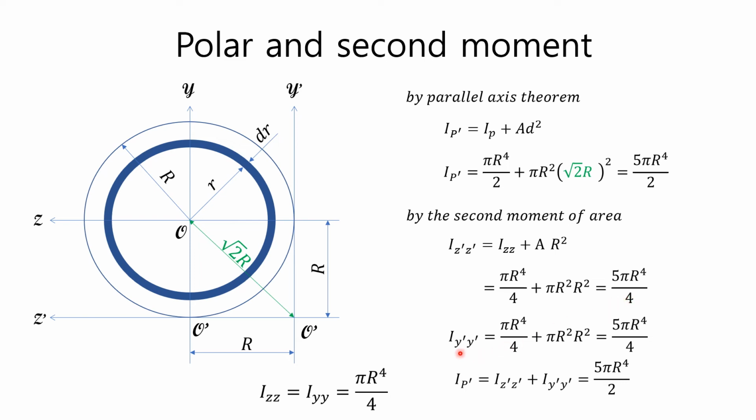Similarly, Iy prime has the same value because distance r is the same. Therefore, we have the final result 5 pi r to the 4 over 2. This is the same as the one by the parallel axis theorem.